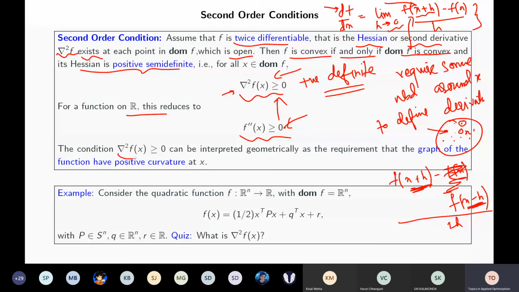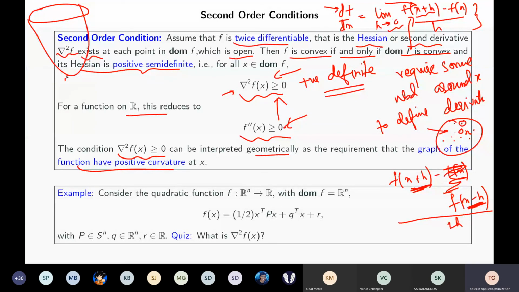The condition that the Hessian of f at x is positive semidefinite can be interpreted geometrically as the requirement that the graph of the function has a positive curvature at x. If we have a paraboloid like this, this is a convex function.